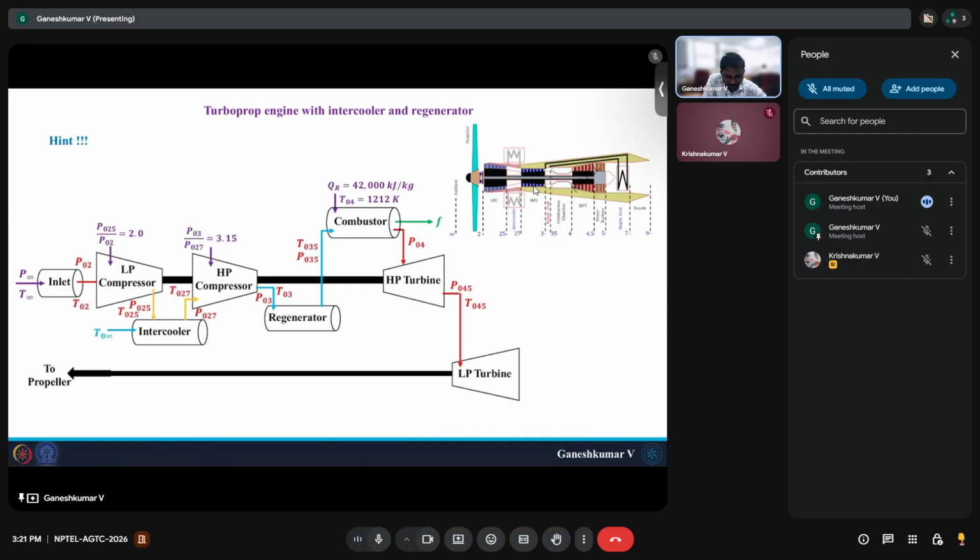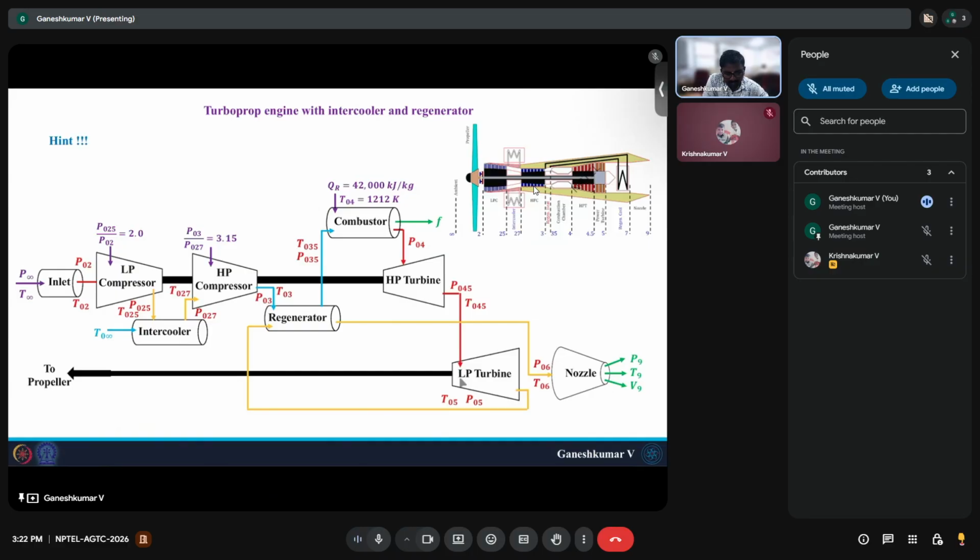Okay, and the LP turbine exit is fed into the regenerator to reheat the air from the HP compressor, and the remaining goes through the nozzle and exits with pressure, temperature, and velocity. You can use this pressure, temperature, and velocity to find the thrust from the nozzle.